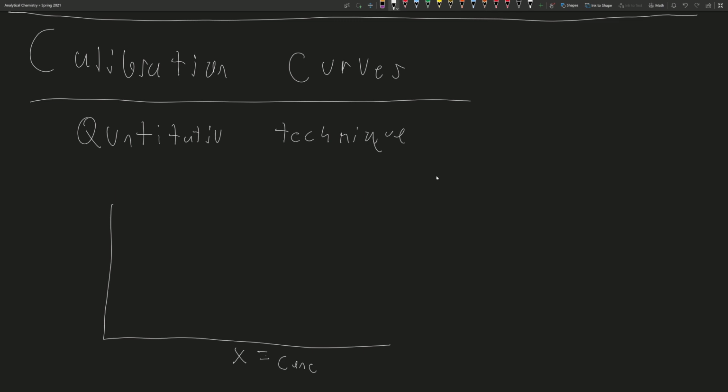And our y is going to be what's known as a response. Typically, what's going to happen is you are going to use some instrument, and there are many instruments you could use to employ this technique. But some instrument will give what's known as a response factor.